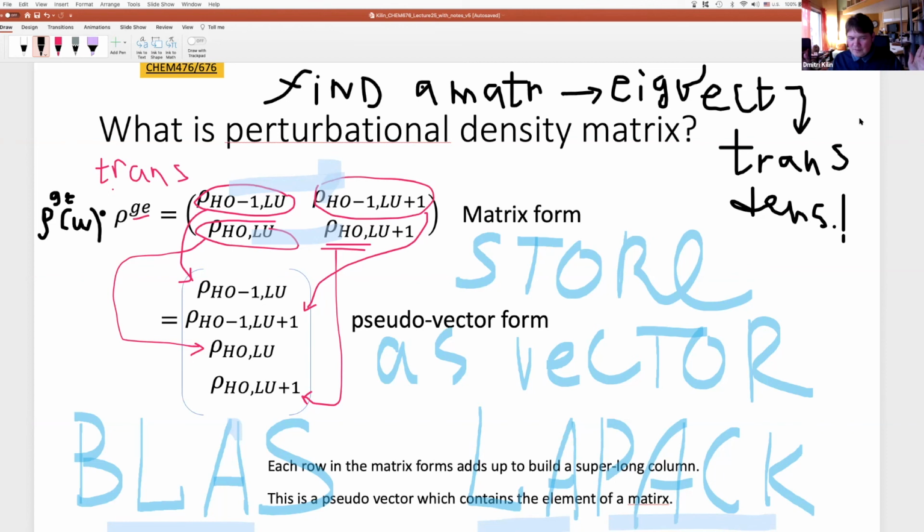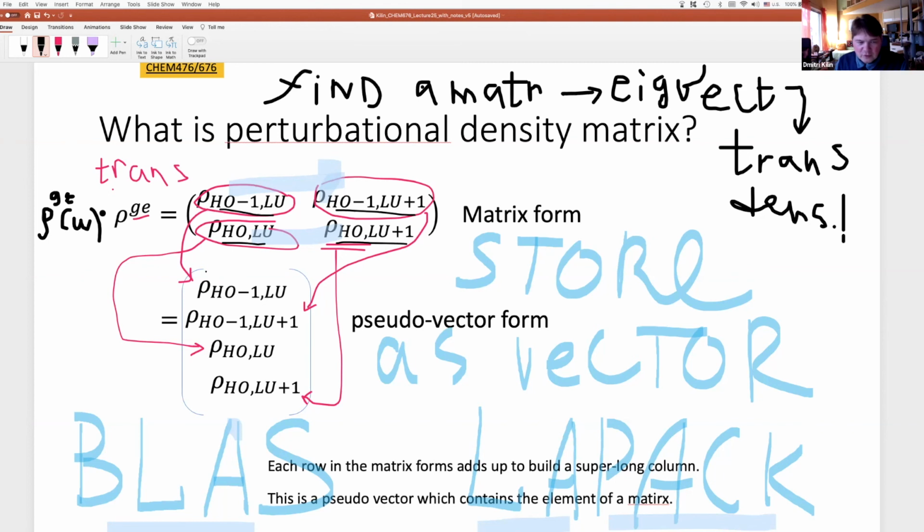So there is a convention and agreement to store big matrices as vectors in vector form. Here we have HOMO minus 1, LUMO, HOMO minus 1, LUMO plus 1, HOMO, LUMO, HOMO, LUMO plus 1 elements. So one can store them symbolically as a column.